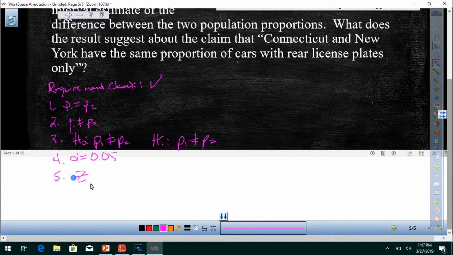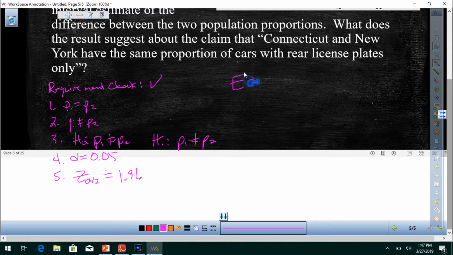Okay, remember we got z sub alpha divided by 2, and we calculated that a little bit ago. That was 1.96. Okay? So now let's calculate our E, our error.